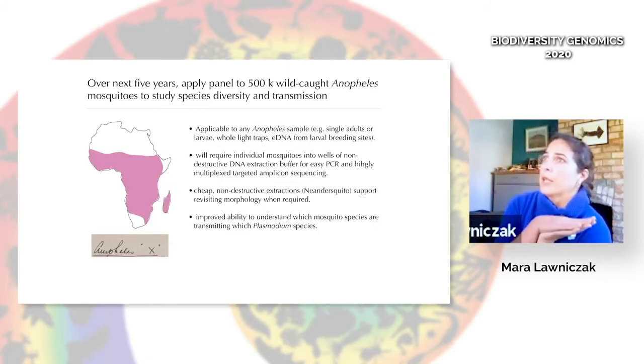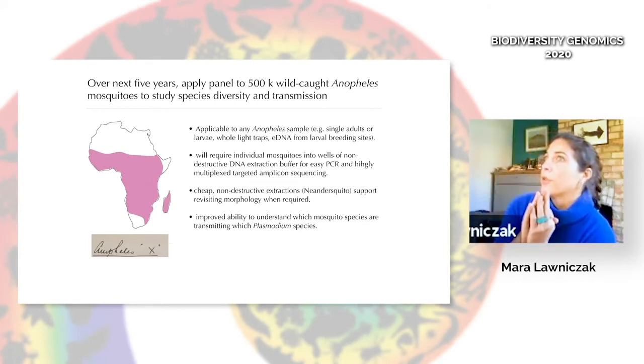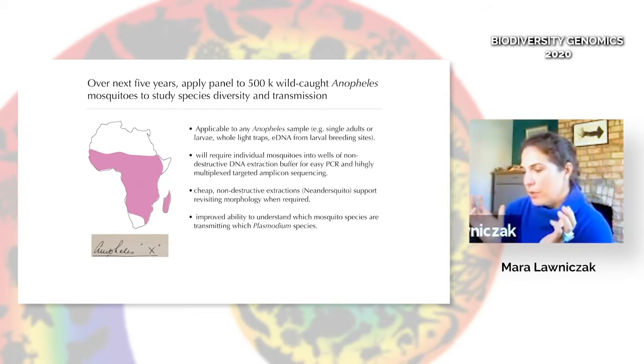In fact, over the next 5 years, we're hoping to apply this panel to 500,000 wild-caught mosquitoes. I mentioned in the Neandersquito project that we've got this lysis buffer approach, which is able to non-destructively extract DNA, and it's also extremely cheap.